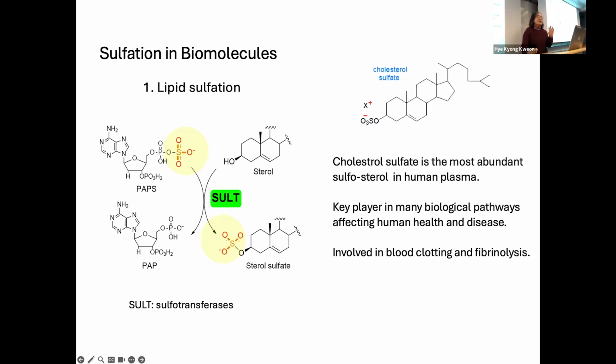So cholesterol sulfate can be a biomarker or diagnostic factor for those pathological conditions. It's also well known that cholesterol sulfate is involved in blood clotting and fibrinolysis, reacting with key player proteins involved in blood clotting and fibrinolysis.